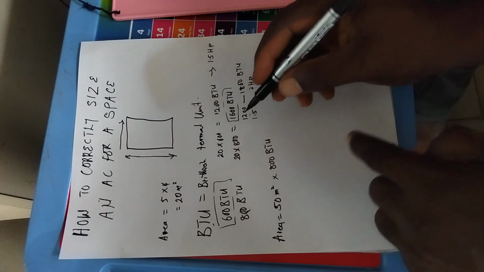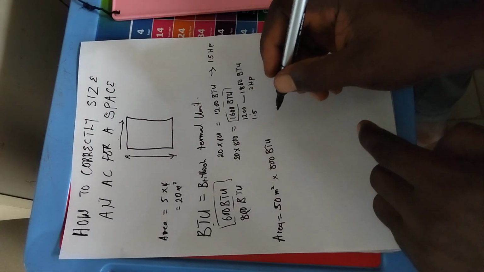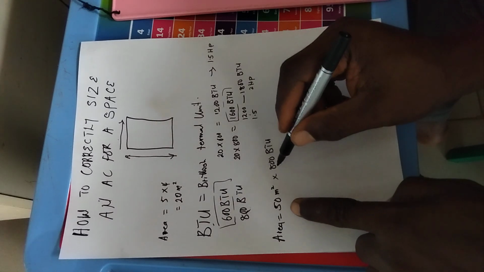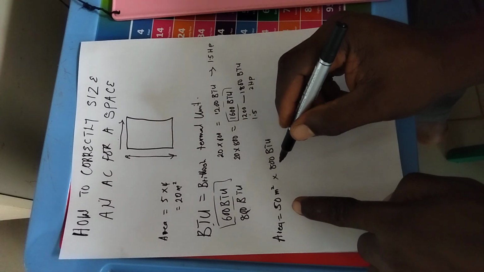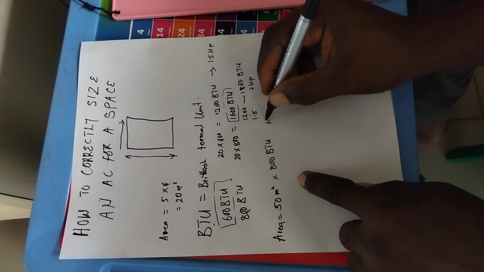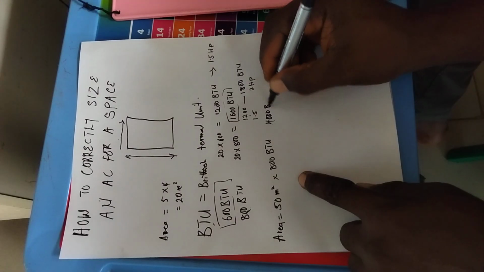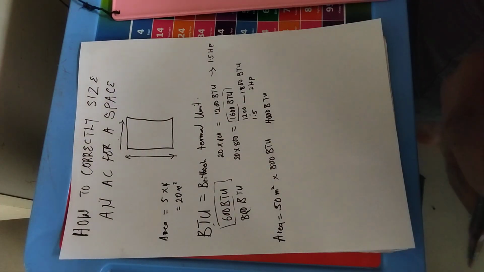This by this will give us about 40,000. This is 40,000 BTU now.